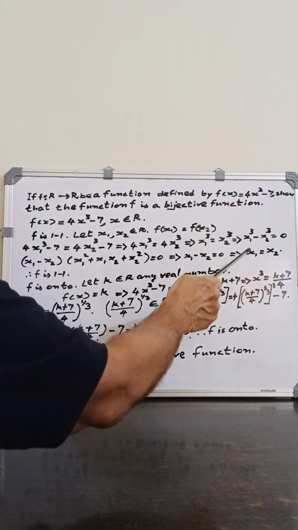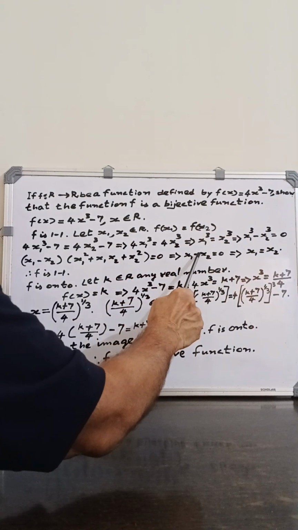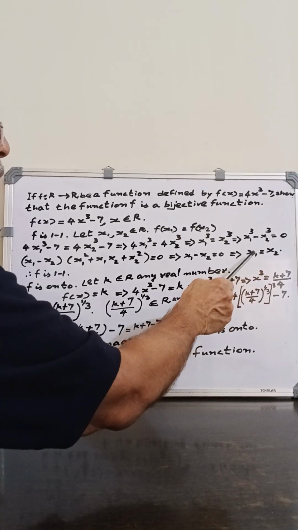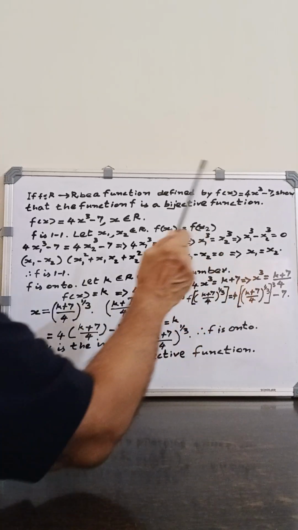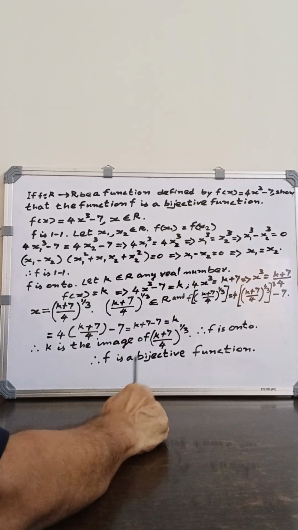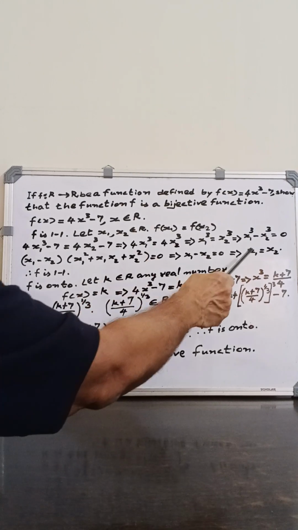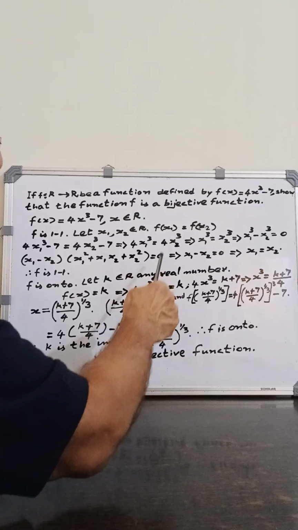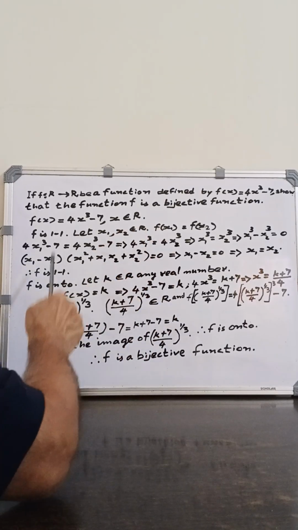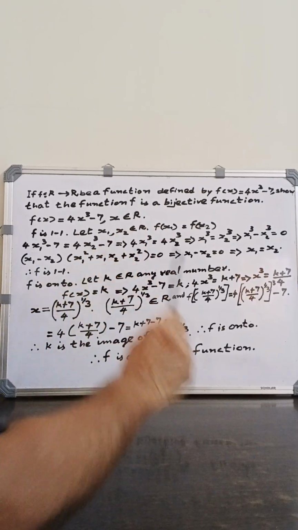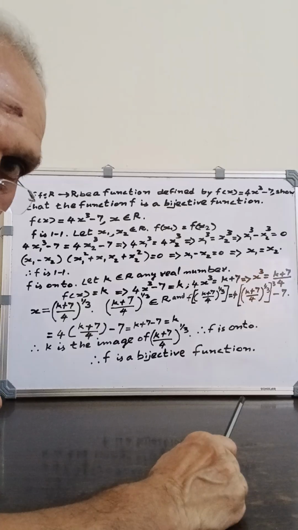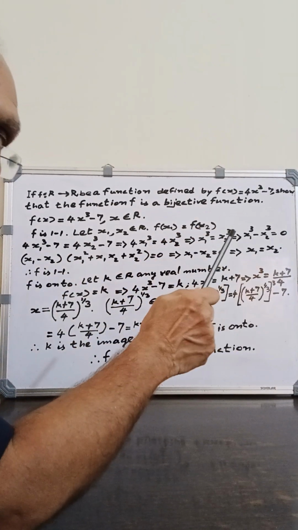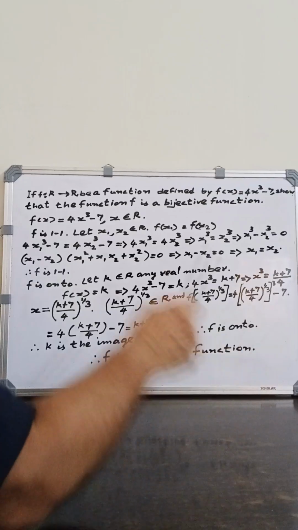That is x1 equals x2, with x2 transposed towards RHS. Therefore, if x1 equals x2, then we can say the given function is one-one.